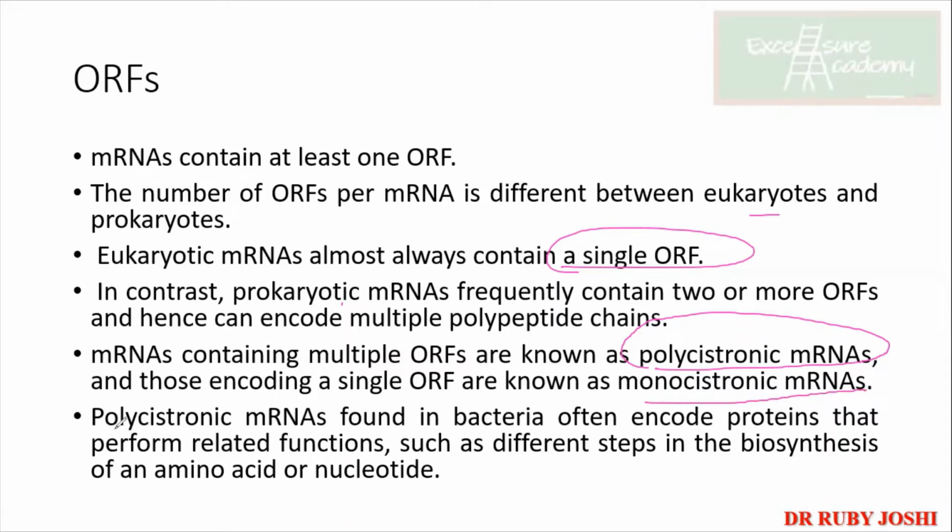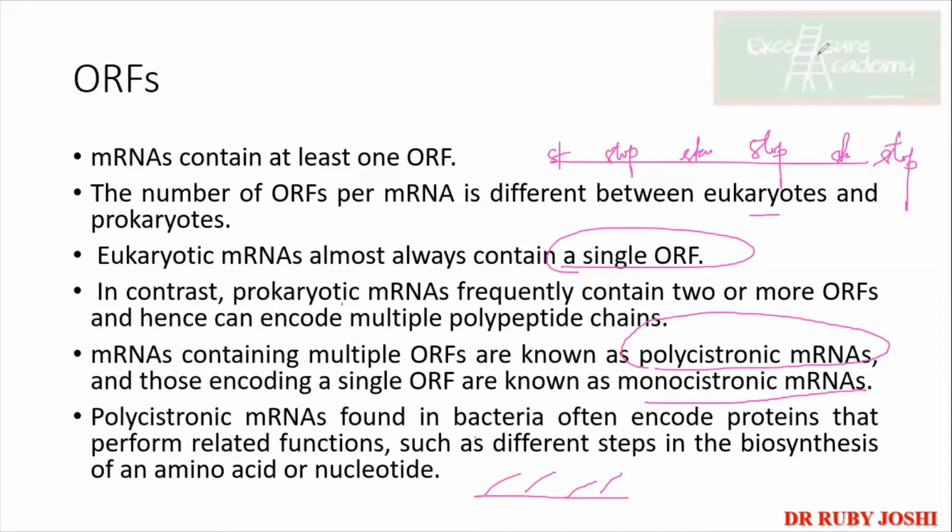Okay. Now, polycistronic mRNAs, which are found in the bacteria, the name itself tells you, poly. So what does it mean? The single mRNA will be coding for different polypeptide chains. It means that the single mRNA is going to have start, stop, start, stop, start, stop.